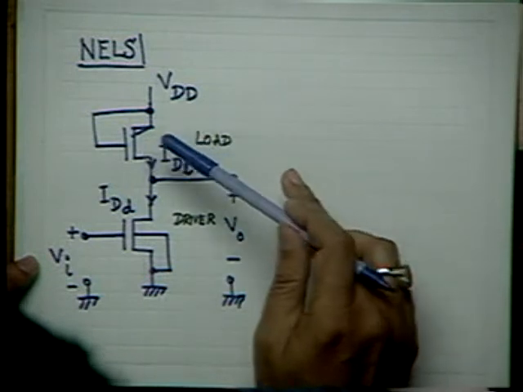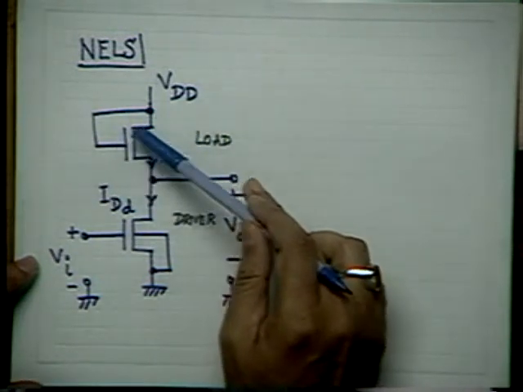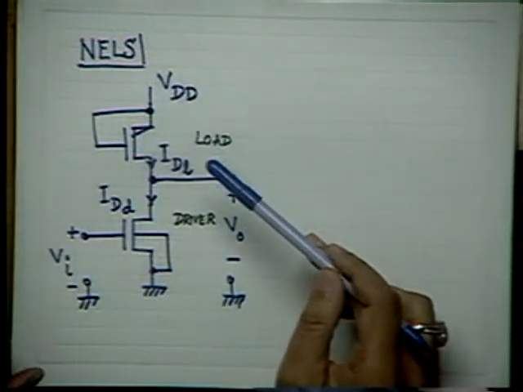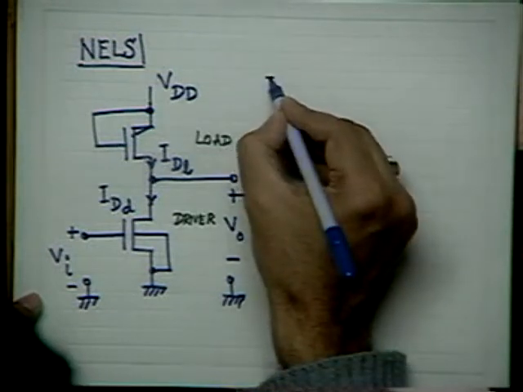And because I have ensured that the load transistor is in saturation, I will have to use the saturation region expression for the current. So what is the value of IDL?